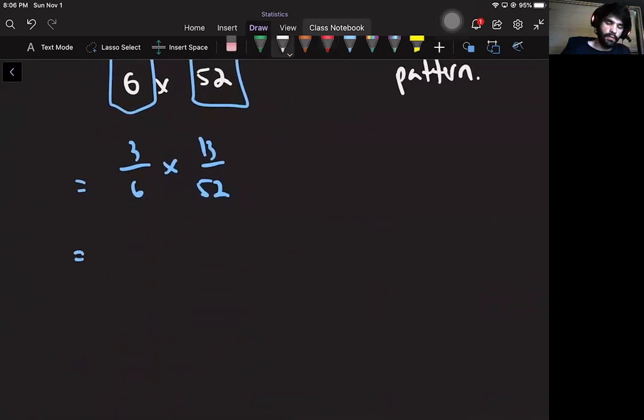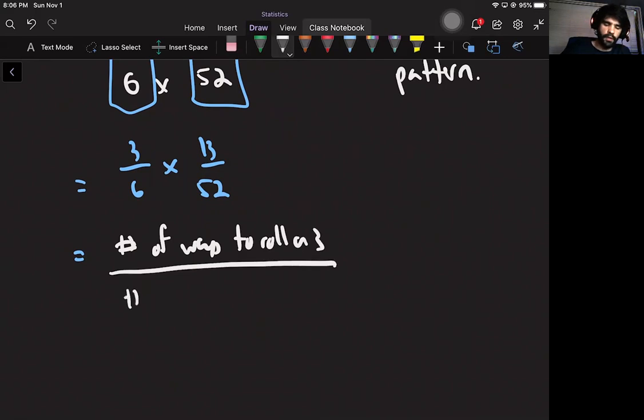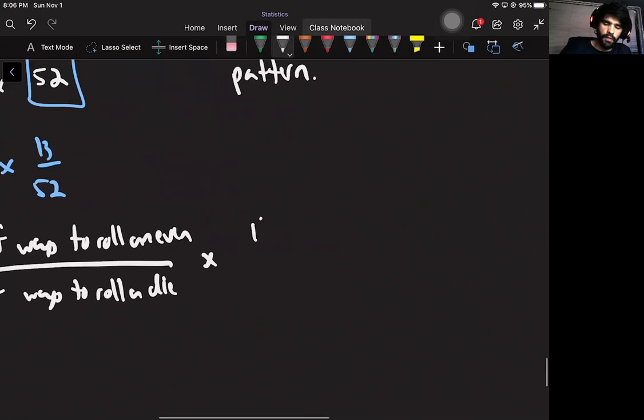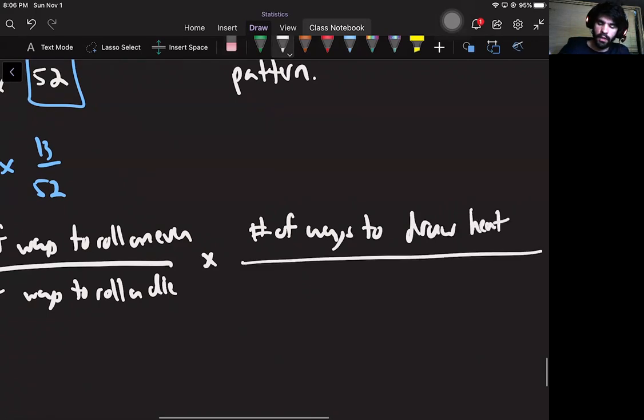Because on the top, this 3 is really the number of ways to roll an even, divided by the number of ways just to roll any die number, times the number of ways to draw a heart, divided by the number of ways to just draw a card.